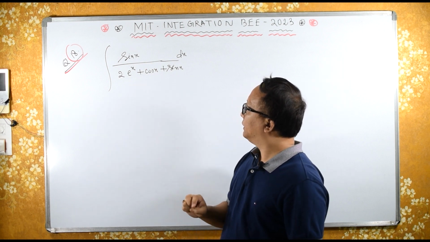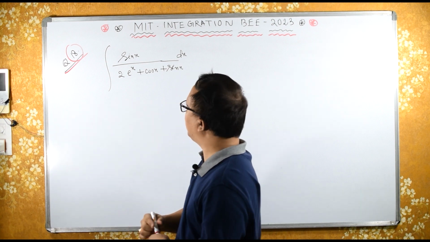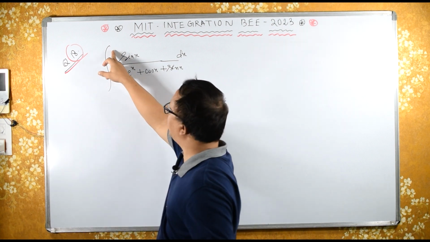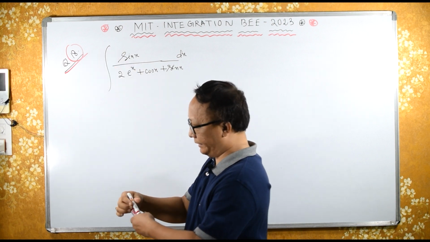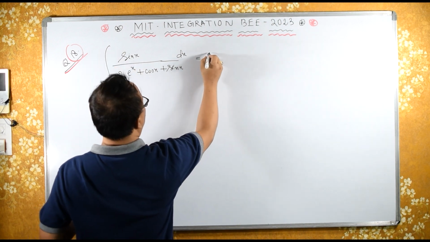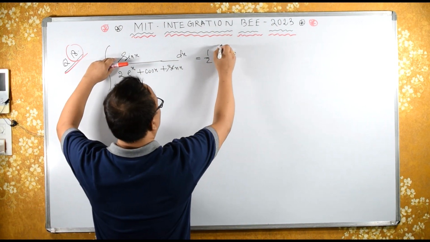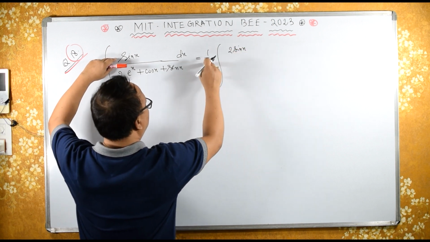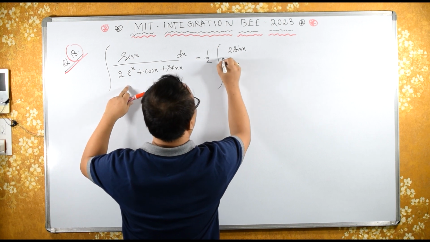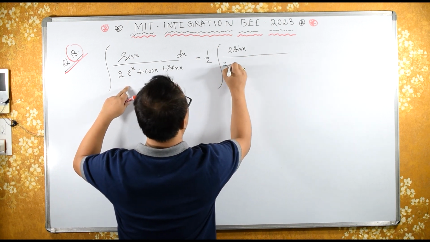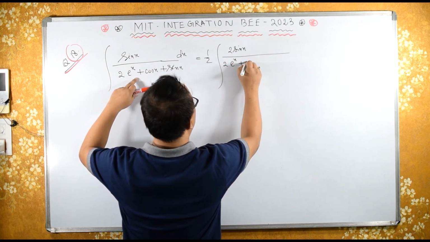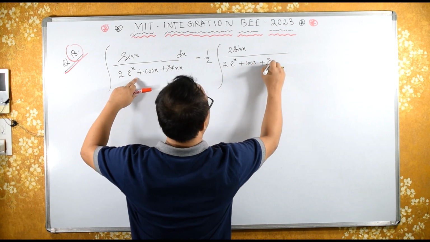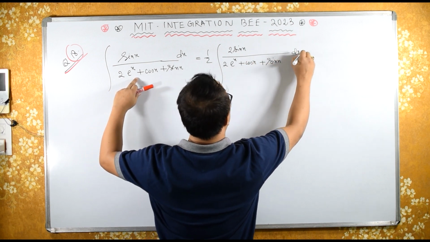Now let's do one thing. Let's use a trick over here. I will adjust the numerator and denominator. This is half, I need 2. Here, I need 2 sin x, so I am cancelling with this 2, which equals 2 e raised to x plus cos x plus sin x dx.